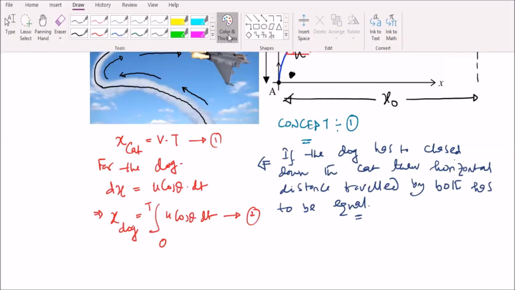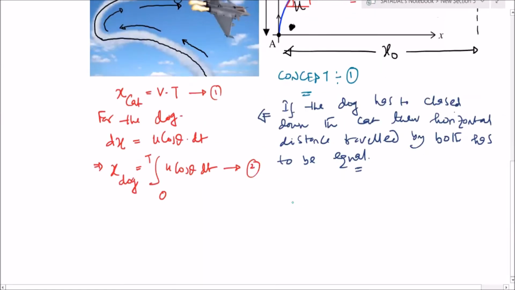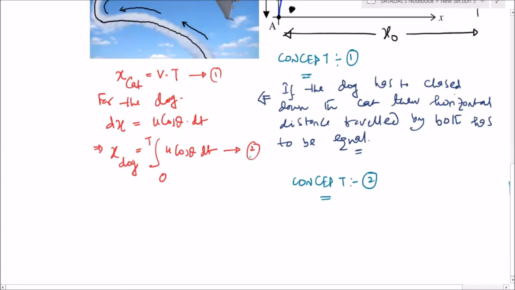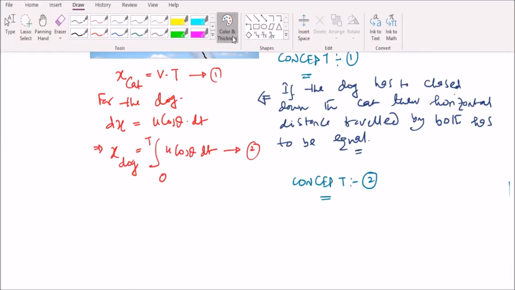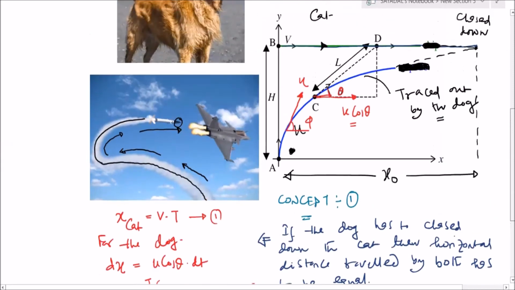So now I will go for concept 2. See what is the concept? Look at the diagram, all of you. Suppose this is the instantaneous line of chasing.